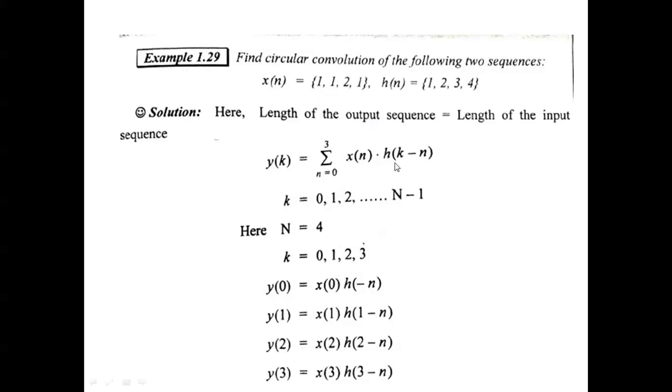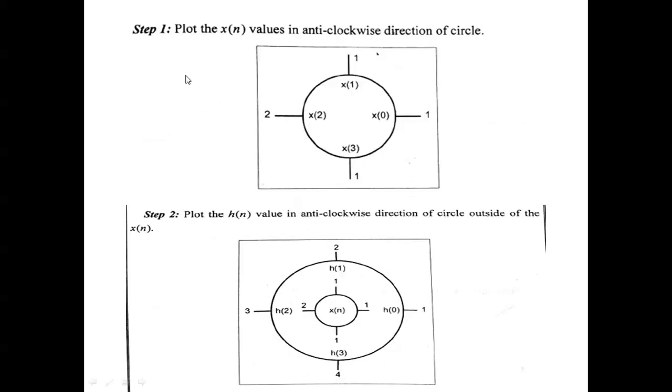This is the formula: x of n h of (k minus n). In the formula method, they expand y of k for the values 0 to 3 because N is equal to 4. Here is the circular method, where we have to plot the values. We write the values in the anti-clockwise direction: 1 2 3 4.